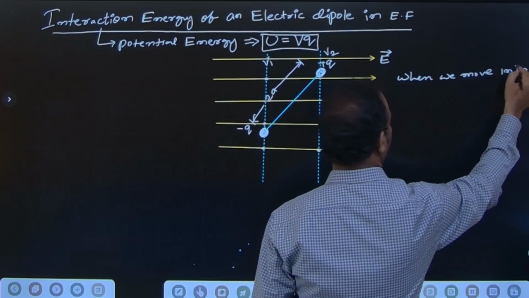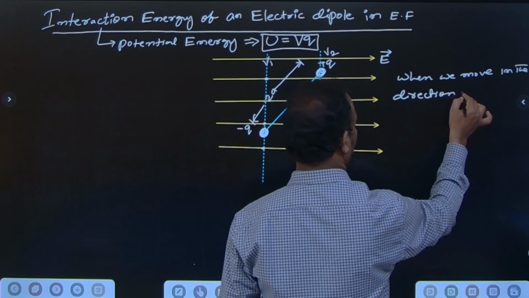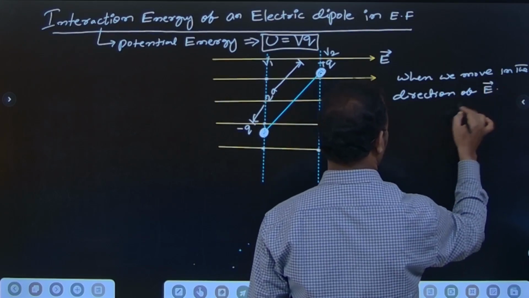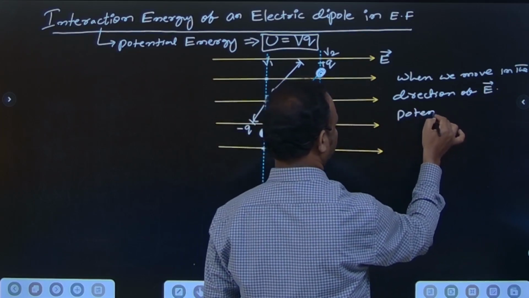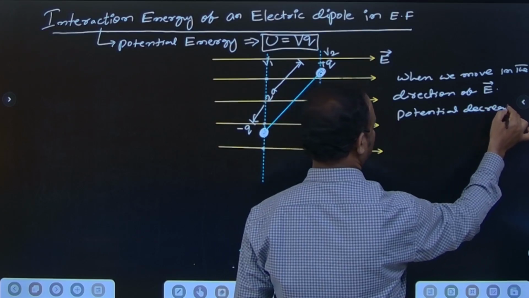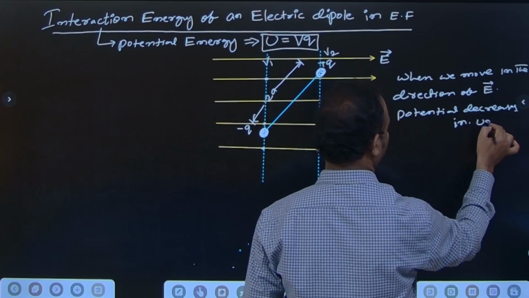So when we move in the direction of the electric field, the potential decreases in a uniform electric field.